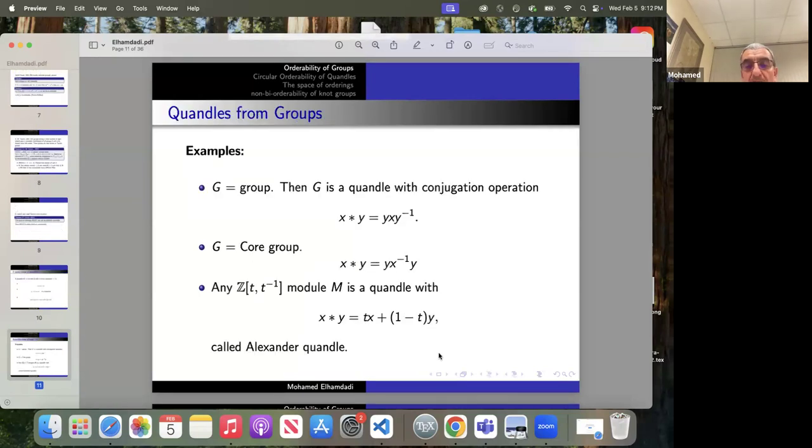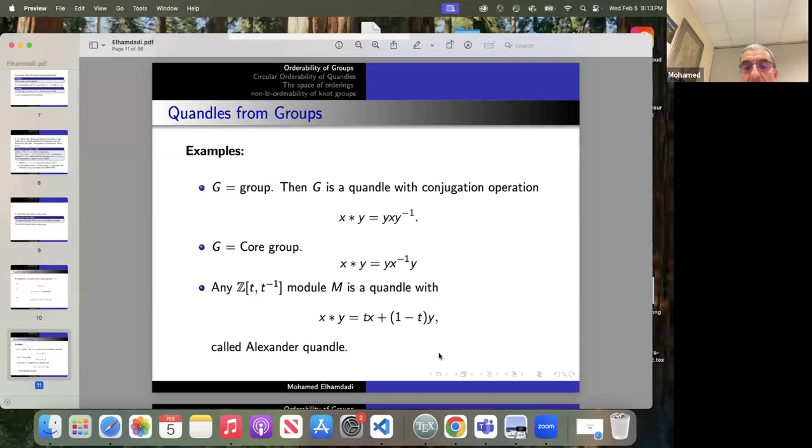Here are a few examples. I only put a few examples because these are the examples we will use in this talk. Any group becomes a quandle if you use conjugation on it. If you have a group, you can consider the core quandle, given by the operation x star y equals y x inverse y.